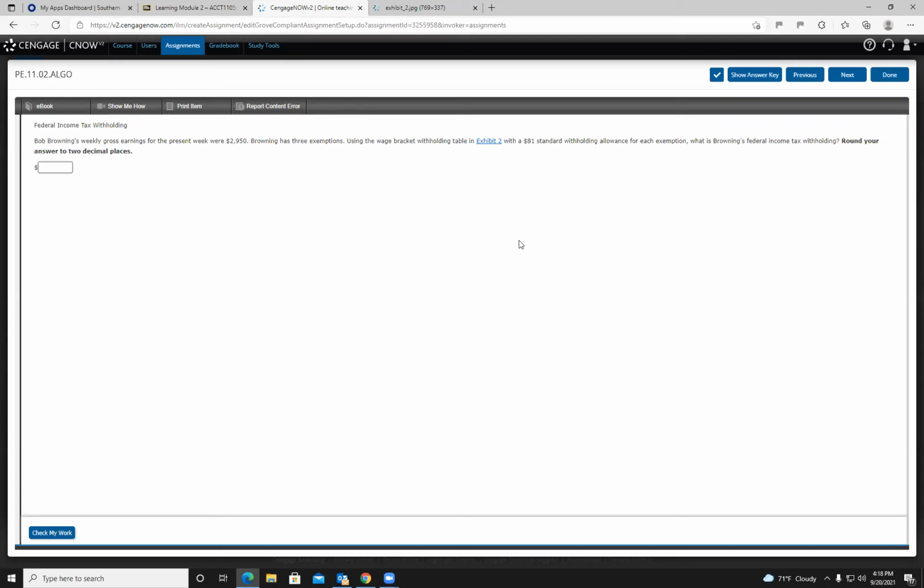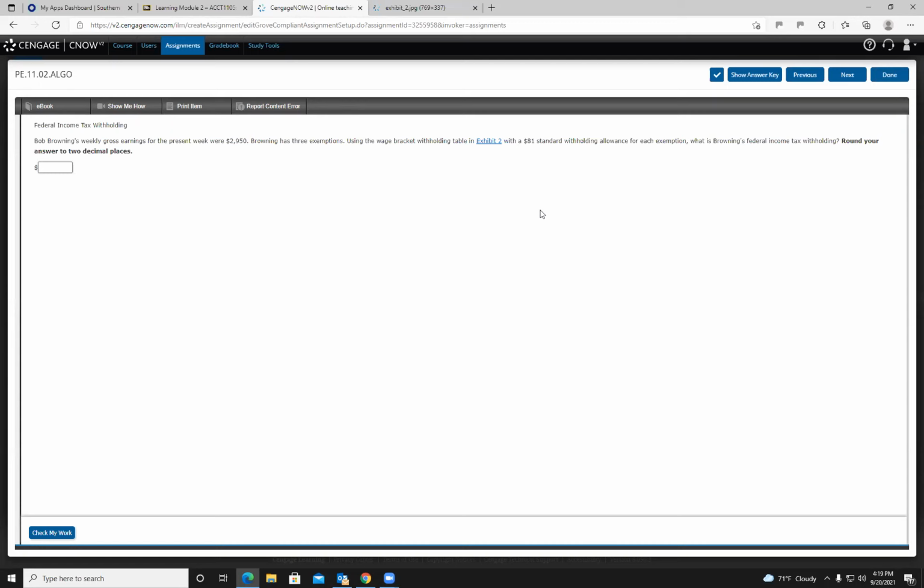It uses an $81 standard withholding allowance for each exemption. Browning has 3, so you multiply 81 times 3, which is 243, and that's the withholding allowance.